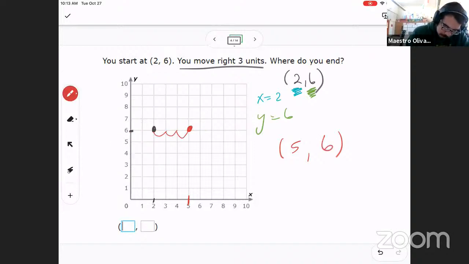So then my new point would be (5, 6). Any questions on this particular one? Somebody just asked, are we going to have to graph it? No. In fact, you don't even have to graph it. All you have to do is state the new point. But I'm showing you visually what is happening so you can get a better sense of how to do these problems.